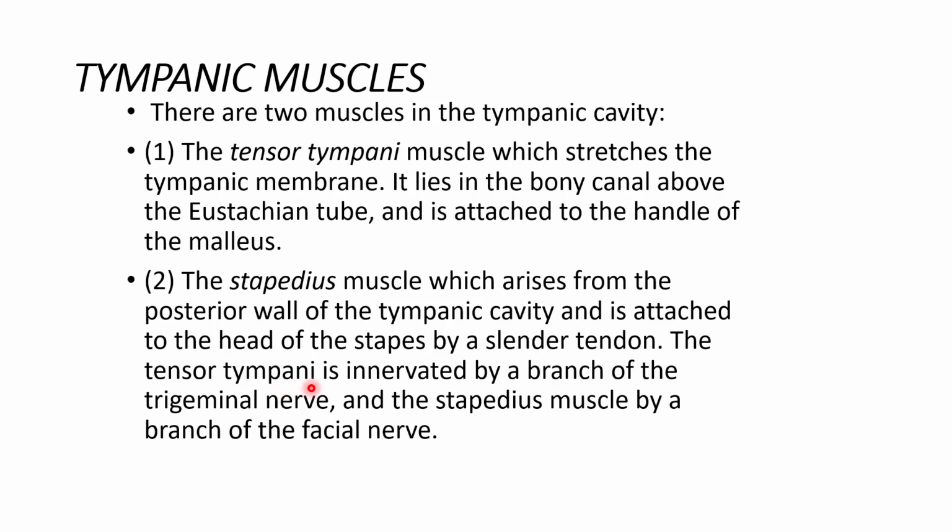The tensor tympani is innervated by a branch of the trigeminal nerve, and the stapedius muscle by a branch from the facial nerve. If there is facial nerve damage, the stapedius muscle would be paralyzed, and its function is just to keep the stapes foot plate stretched out and not hammering too loudly over the oval window.